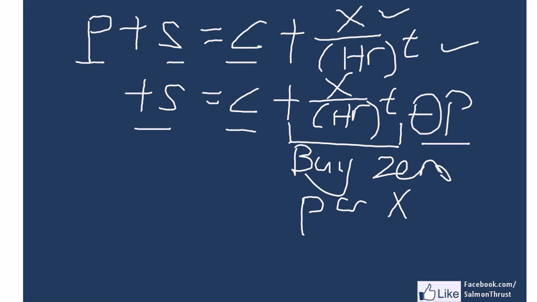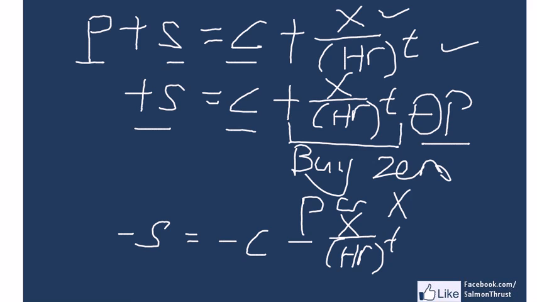Now, of course, if you want to have a synthetic short underlying, what we need to do is multiply both the right hand side and left hand side by negative. So we have minus S equal to minus C minus X/(1+R)^T plus P. In order to create a synthetic short underlying, we need to sell a call option and buy a put option. How do we interpret this minus present value of par?